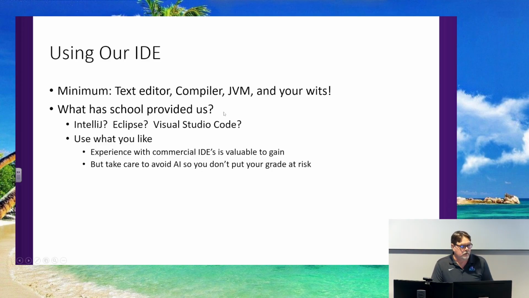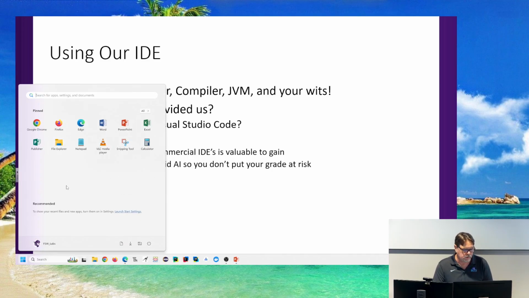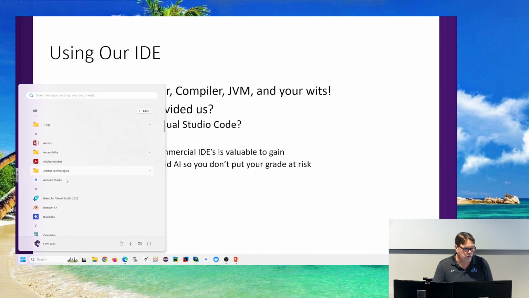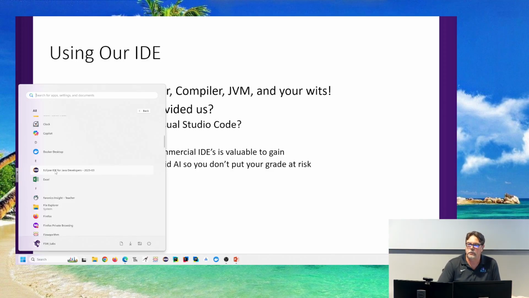And then next question is, on these machines that the college has so graciously already provided and set up for us, what did they give us? So if you look on your program to see what they've installed, we can scroll down through here and see a number of programs. We've got the Eclipse IDE for Java developers.